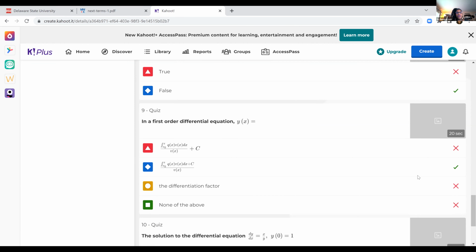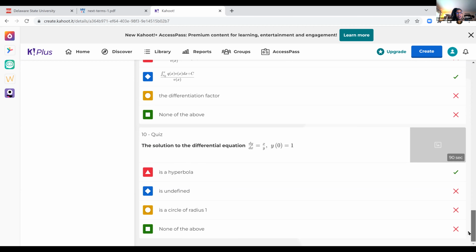In a first order differential equation, y of x is represented by the second equation. Remember the constant c is very important, and it goes along with the integral, and that whole thing is divided by v of x. Okay, so that's the second answer.